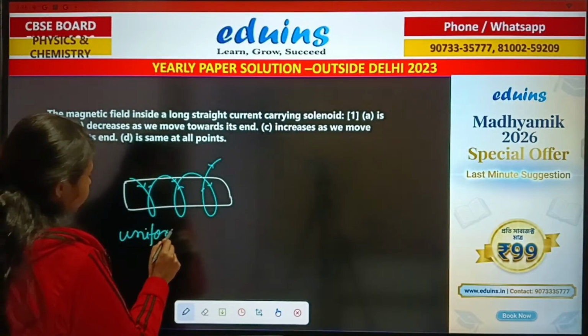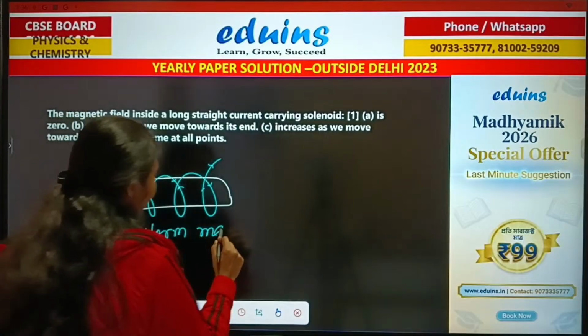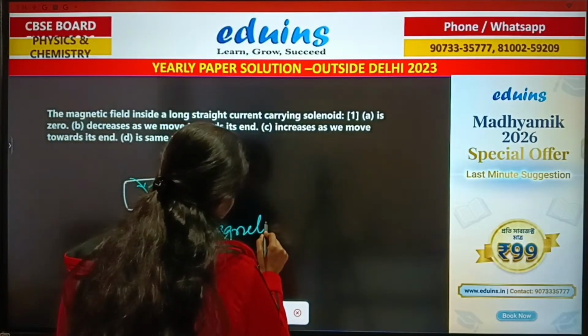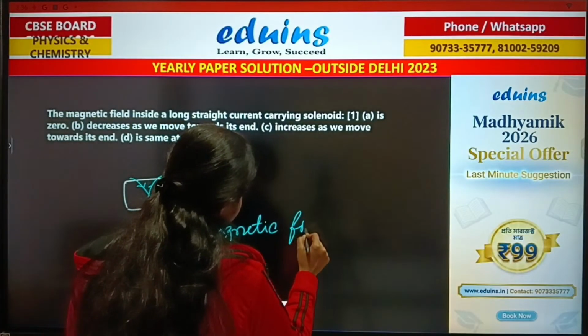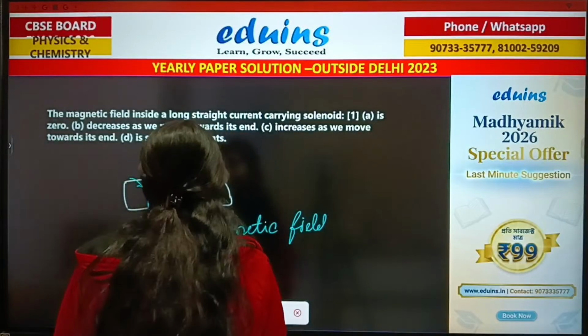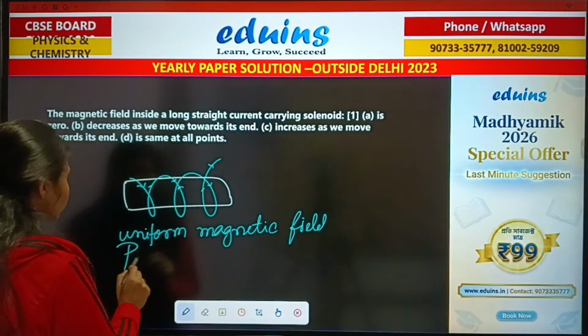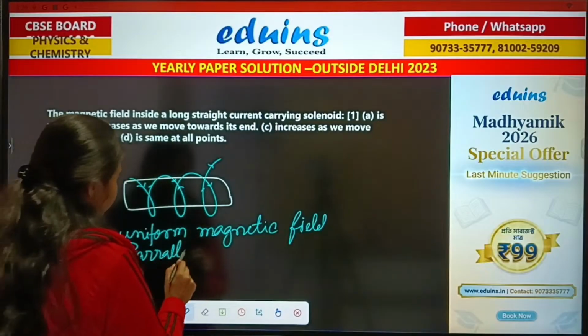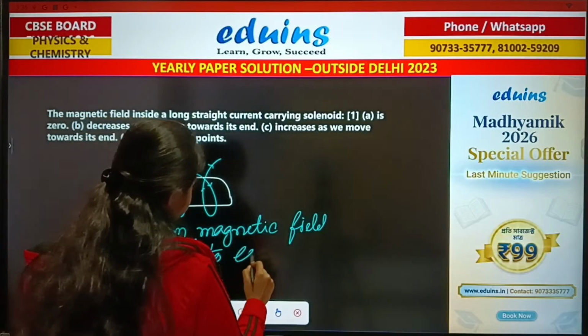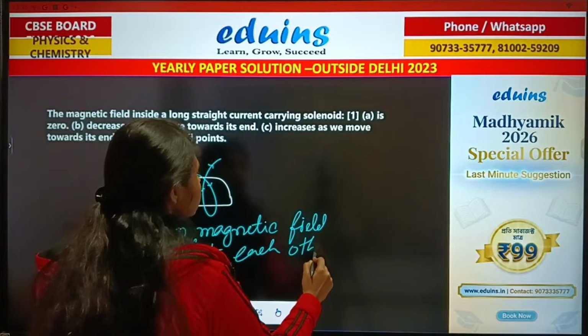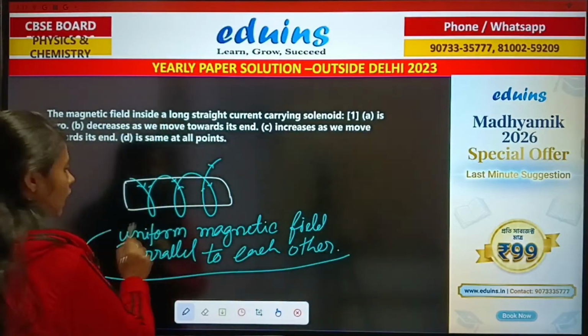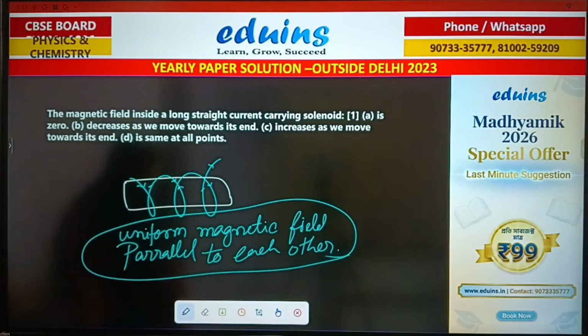Uniform magnetic field. So solenoid has the uniform magnetic field. And the magnetic field lines are straight and parallel to each other. So we know this about the solenoid. We all know this, right?